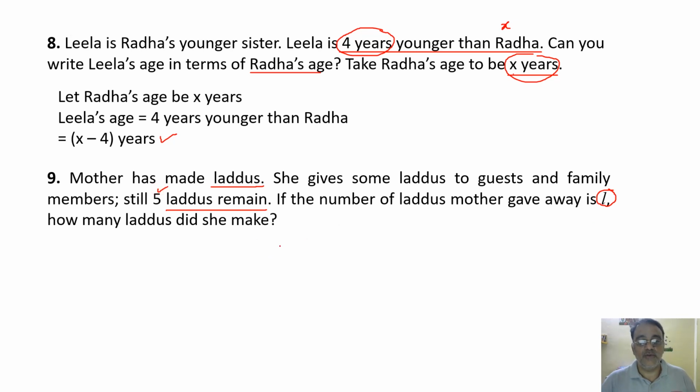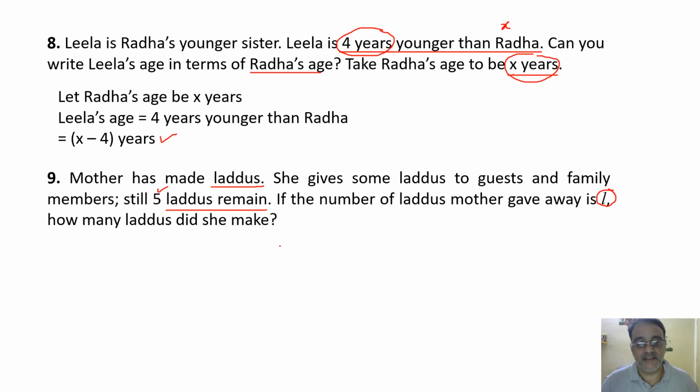So total laddus कितने बनाए? How many laddus did she make? Total L she has distributed and how many left? 5. So total कितना बनाए? Suppose it is L plus 5. Very good. अभी mother ने 20 laddus distribute कर दी और 5 बचा हुआ है, तो total कितना हो जाएगा?